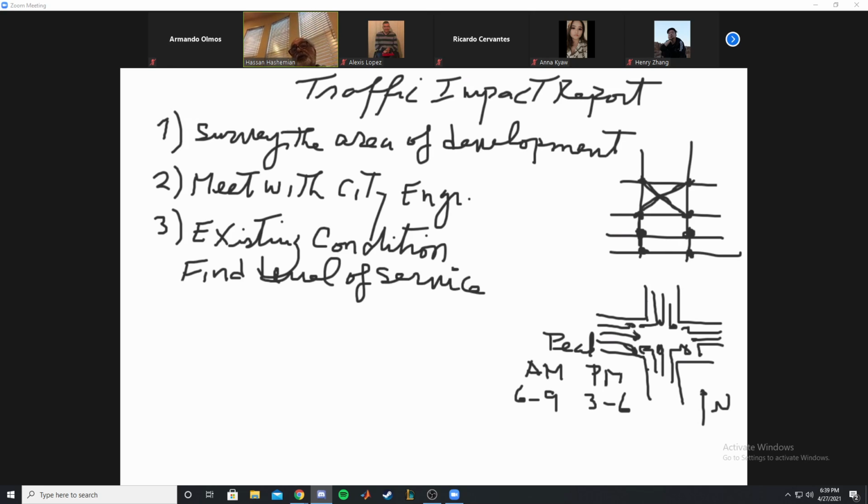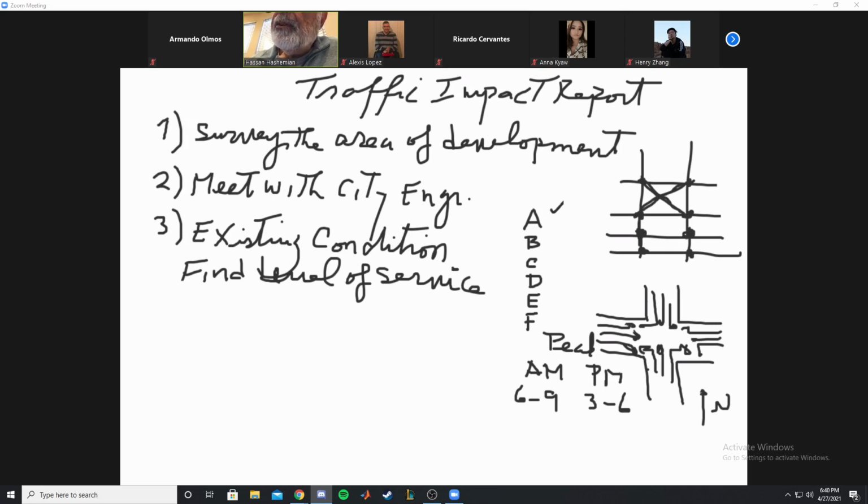If you remember, we talked about level of service. We said level of service is simply, we have the level of service what? A, B, C, D, E, and F. You remember that? When we did the 2-lane highway, A is the best.